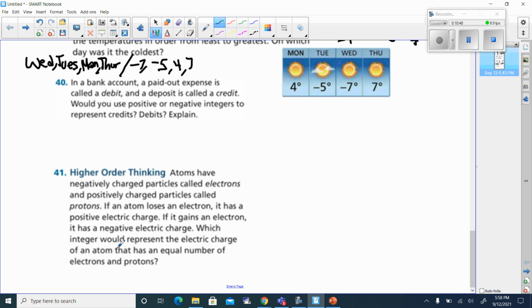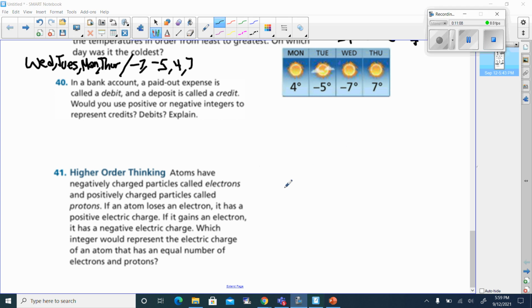Which integer would represent the electric charge of an atom that has an equal number of electrons and protons?